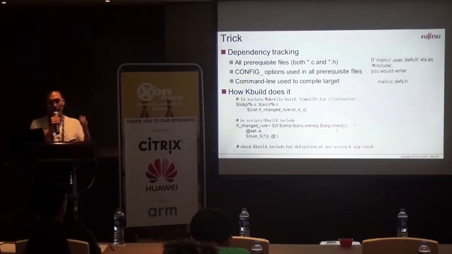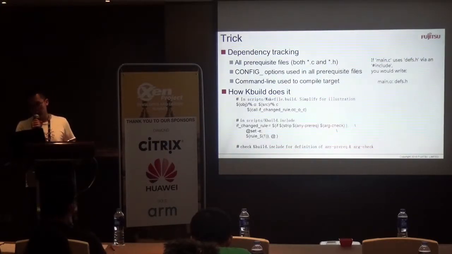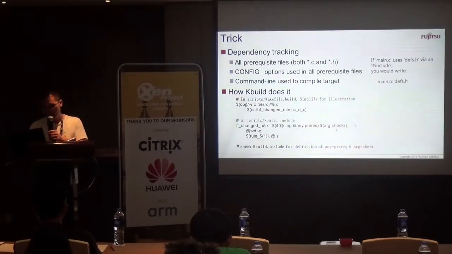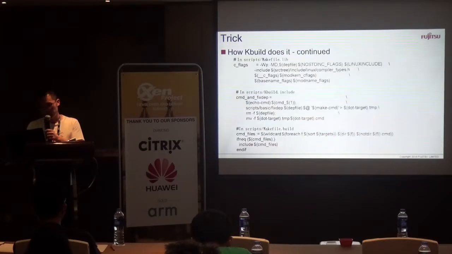The last one is command line tracking. It means if the command line for one target is changed, the target should be updated again. I will skip the details here because of the time.